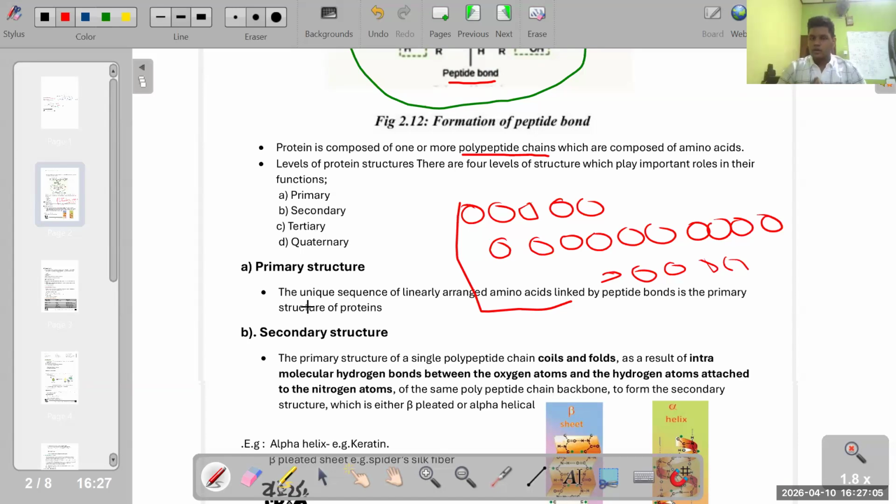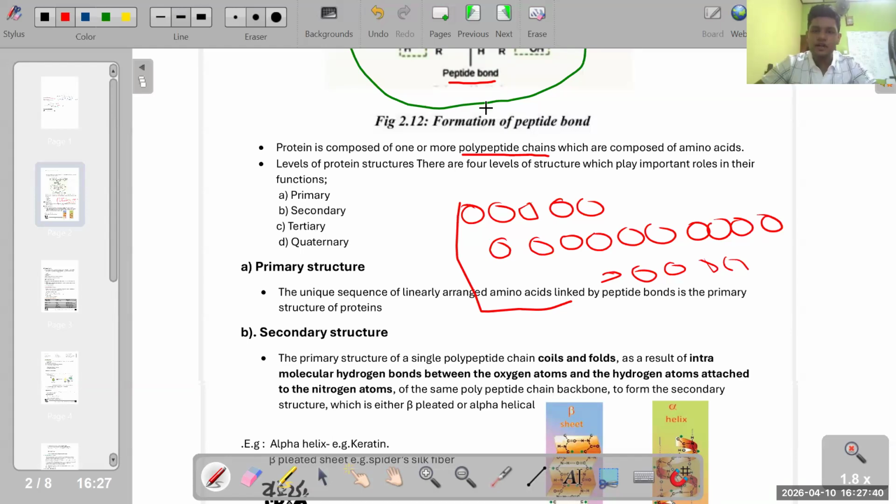Right now, this is what happens. Now, what is formed? Now, an amino acid chain is formed. Just think the amino acid chain is formed. A chain of amino acids has another name. What is it? A chain of amino acids can be called a polypeptide chain.